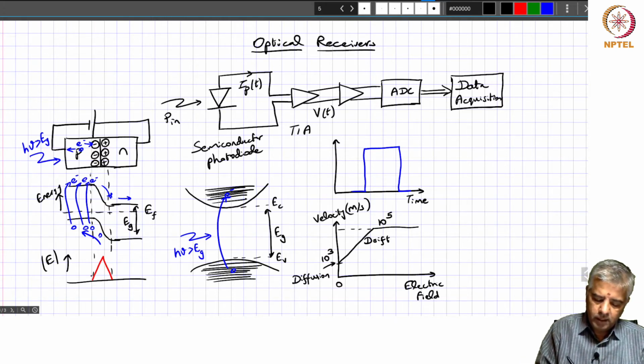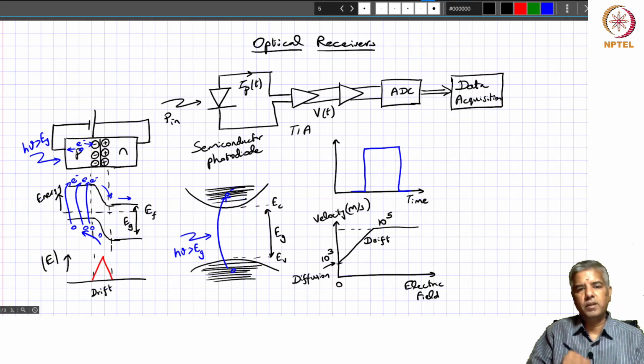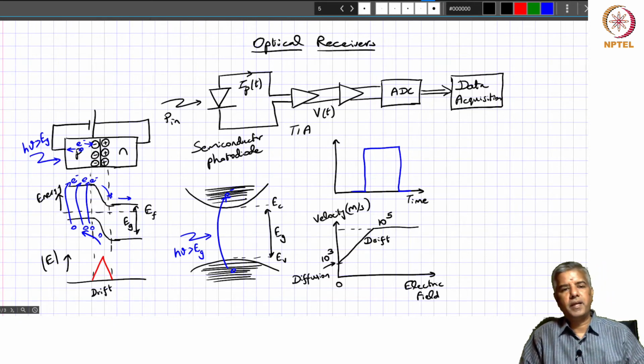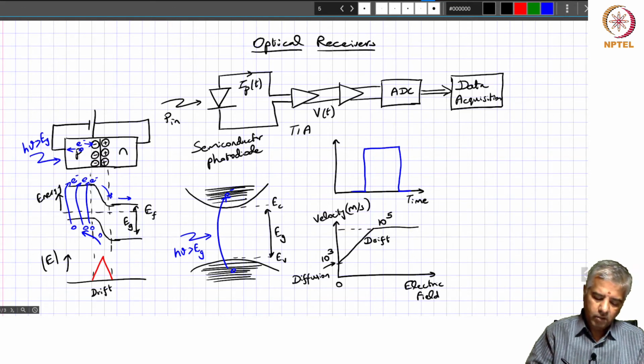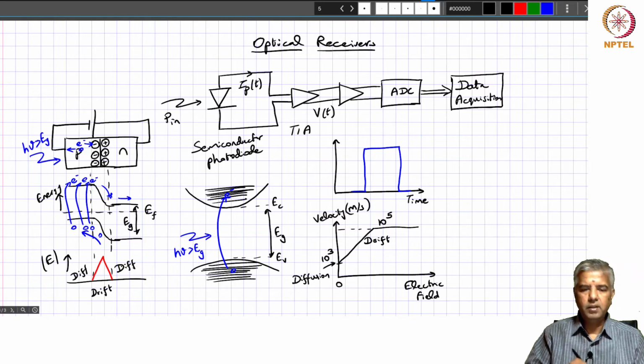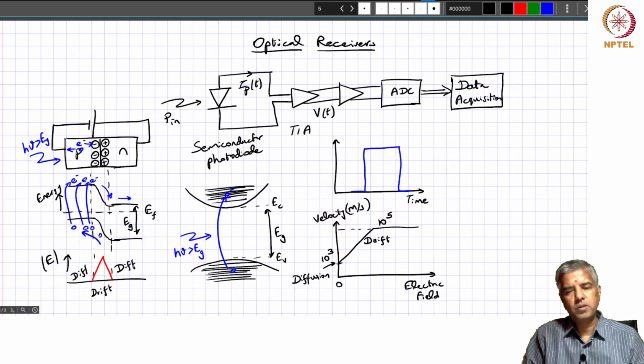So you can clearly see in this picture that in these regions where you have a certain electric field, the carriers would move under the influence of this electric field and move at drift velocity, whereas outside of this depletion region, they move with diffusion velocity.